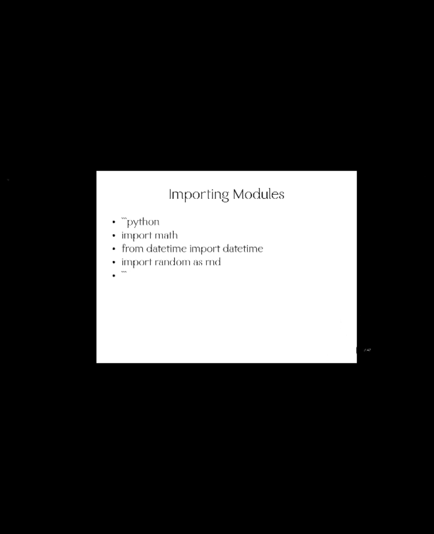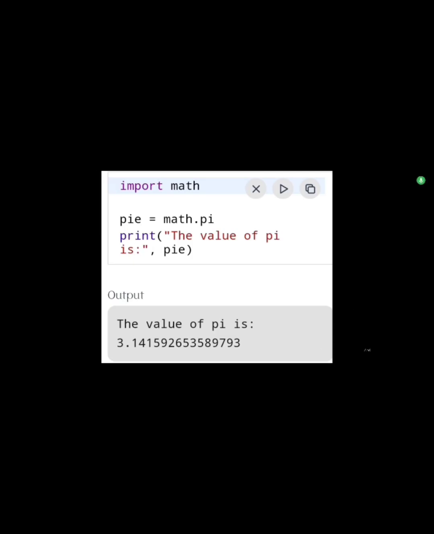The math module is imported using import math. From datetime import datetime. Import random as rnd. We access the constant. Here is an example. Here we imported math. Import math, pi equals math.pi.